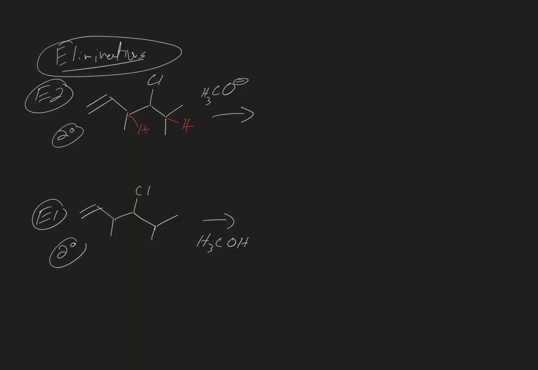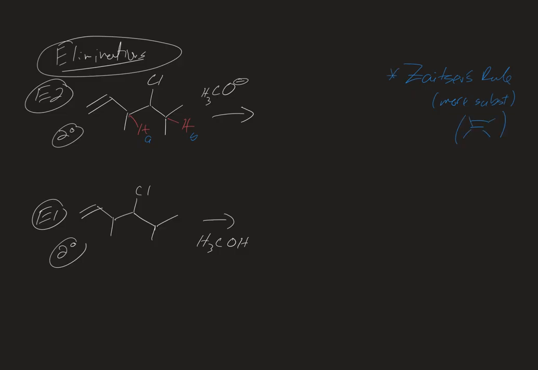So if I label them, HA versus HB, one's more likely than the other. There's a couple things we think about for eliminations. We've thought about Zaitsev's rule, and that means more substituted alkene, right? That kind of thing.